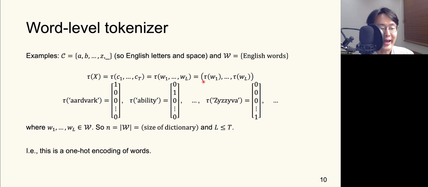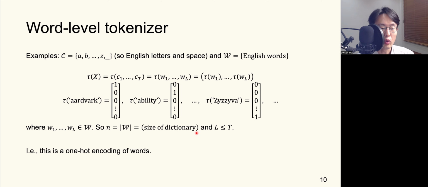The tokenizer then acts on these words individually, and each word is mapped to a distinct one-hot vector. So in this case, n, the output length of the tokenizer, has to be the cardinality of the set W, which is the size of the dictionary.